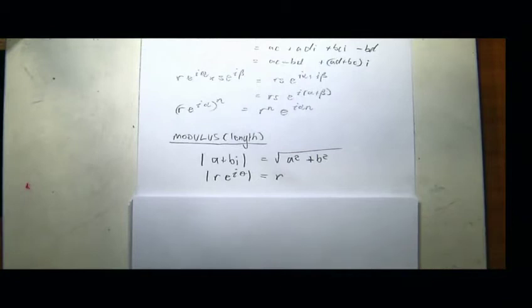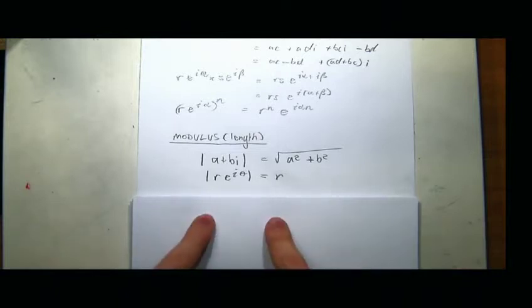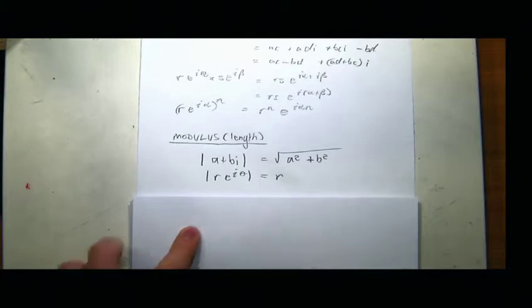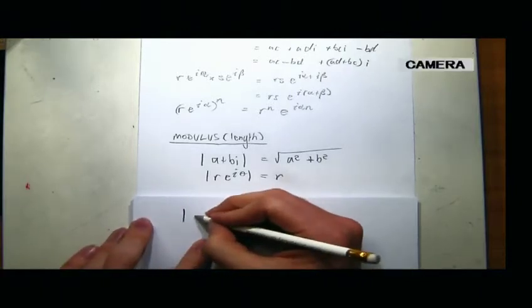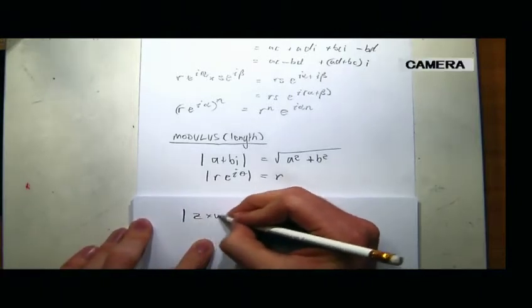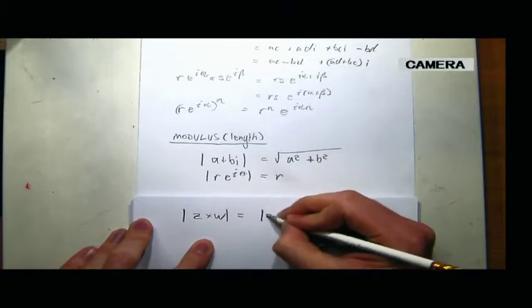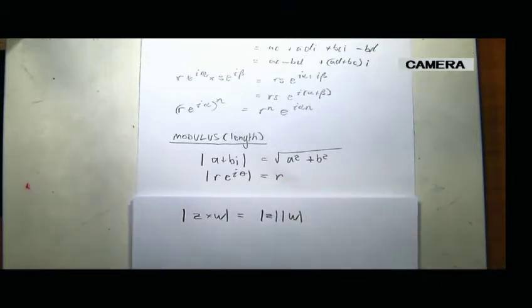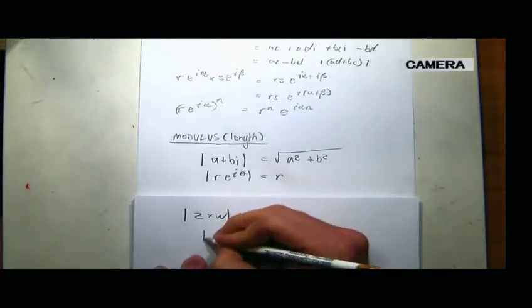Okay, cool. It's modulus. And it's good to know what modulus does to the other operations. The length of a complex number times another complex number expands out over multiplication. And it also expands out over powers.